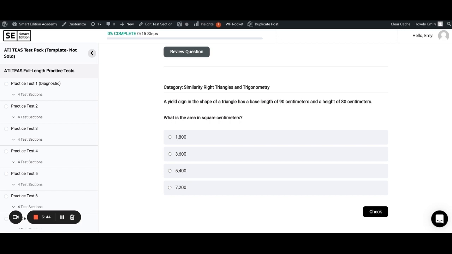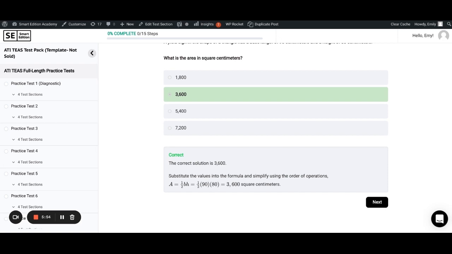Okay. If you said the answer is B, 3,600, you would be correct. So, just like anytime we're solving for a particular variable, in this case, we are solving for area.